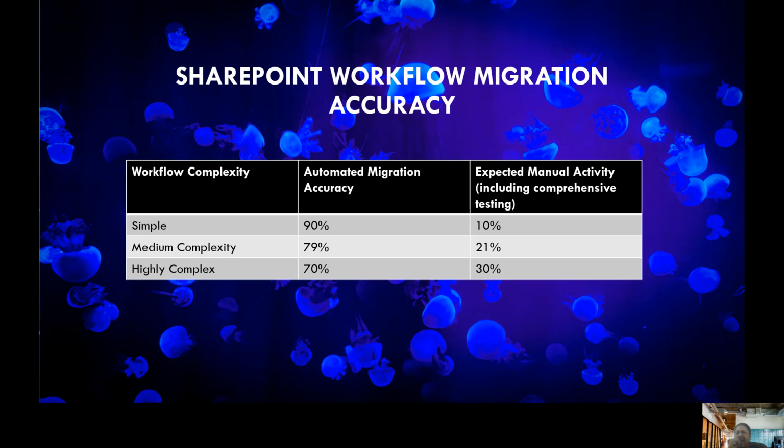For simple, we're expecting around 90% migration accuracy and around 10% manual activity, which includes testing. For medium complexity, we are expecting around 79% migration accuracy and around 10% manual activity, which includes testing. And for high complexity, we are expecting around 70% migration accuracy and around 30% manual activity, which includes testing.